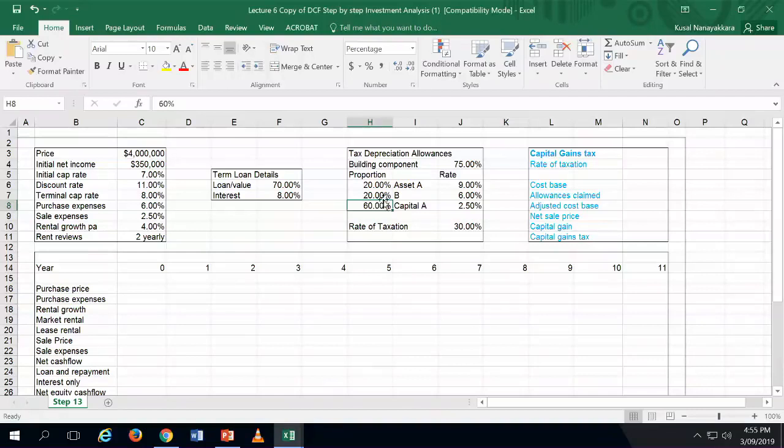And 60% of that 3 million is structural work, which will be taxed at 2.5%. So calculate the tax depreciation and capital allowances for the 10 years.